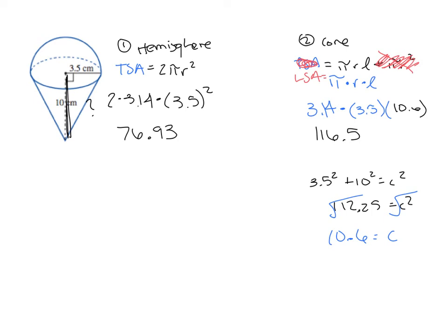So now I just need to add those two values together. So 116.5 plus 76.93 gives me a grand total for the surface area for this figure to be 193.4 centimeters cubed.